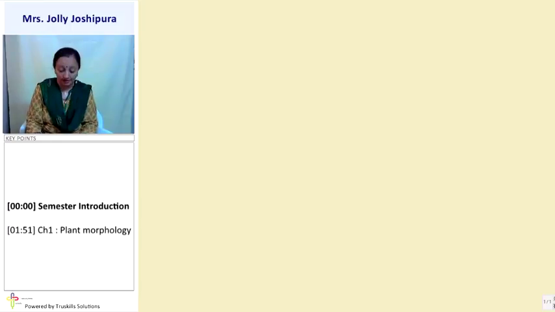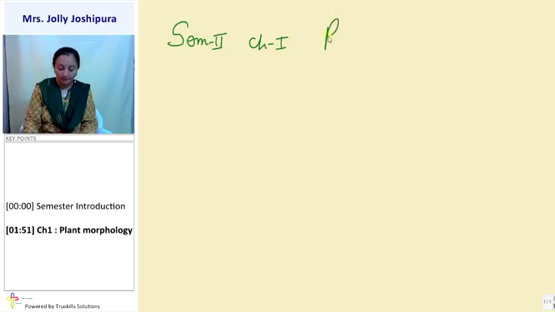So here we are starting with our chapter 1. All the best. Sem 2, chapter 1, and this is your botanical study, the plant kingdom. So here it is, it is plant.